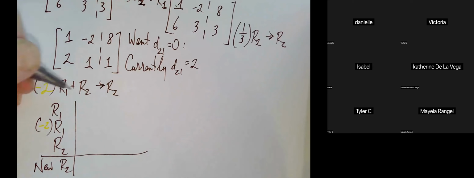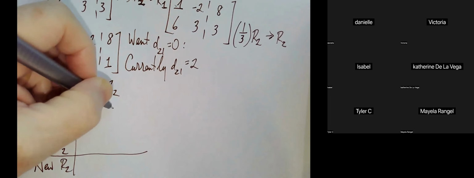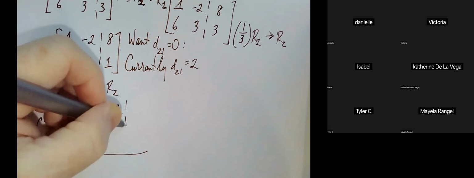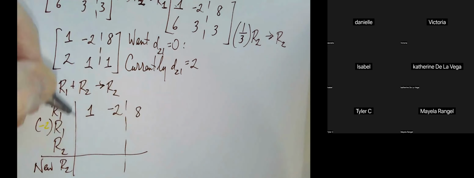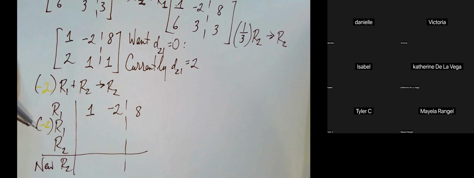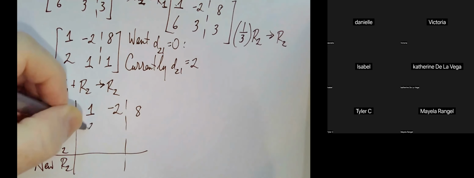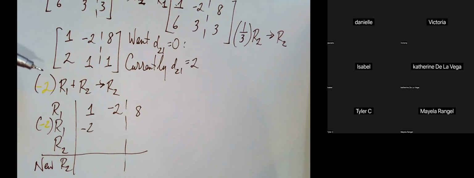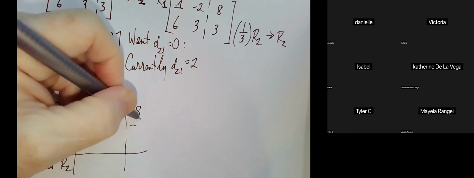Let's see, row 1 is 1, -2, 8. What is -2 times row 1? -2, 4, -16.